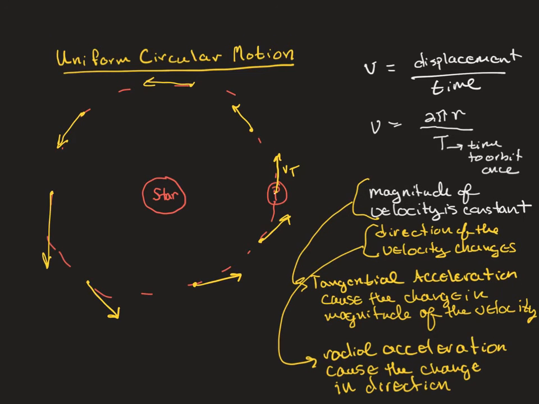And radial acceleration is going to point towards the point of rotation. So as the object orbits around, the acceleration continues to point towards the point of rotation. And inward is defined as positive. So these would all be positive accelerations.